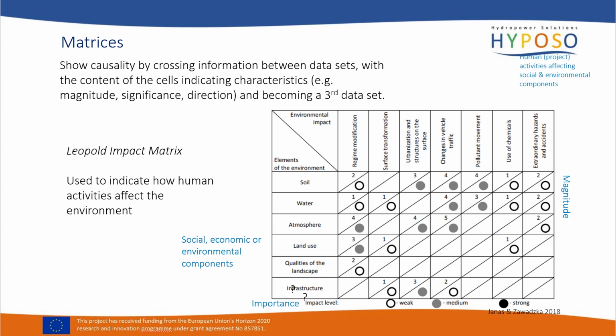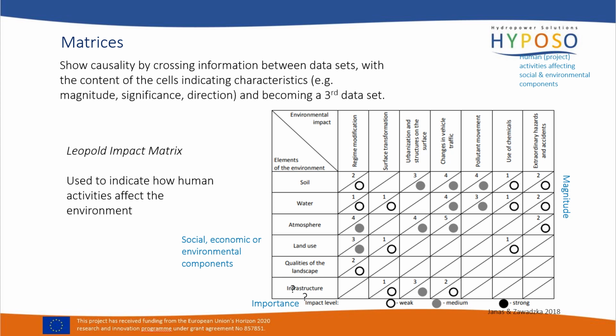So in matrices, we are showing these cause-effect relationships that I was illustrating before with the cause-effect diagrams. And we are going to indicate, for instance, in the rows, what are the components of the environment, and then on the columns, what are those specific activities or works of the project that interact with them.